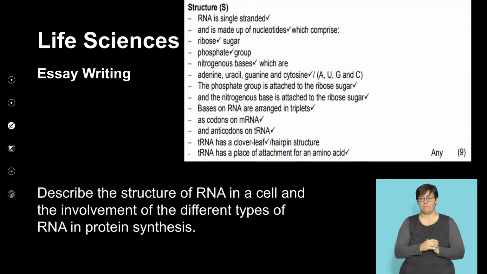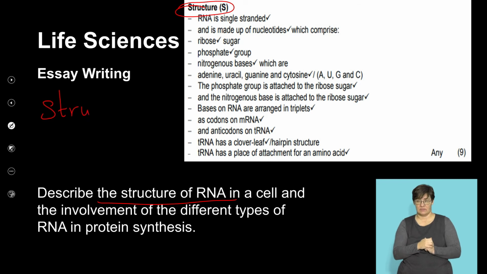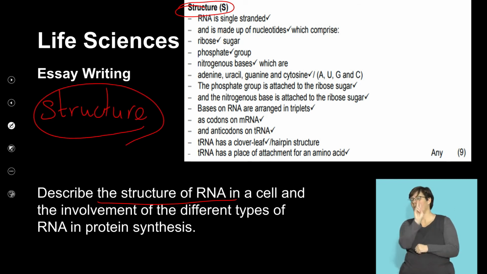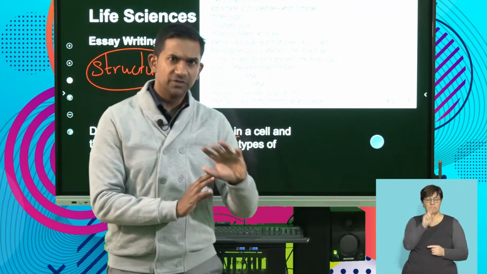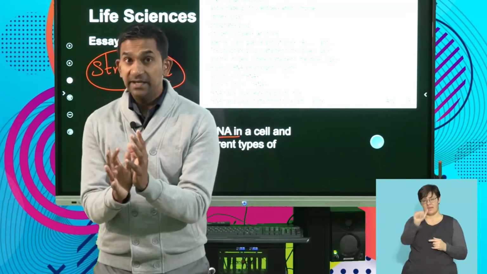So again, as I mentioned, in the first aspect, we've got to be able to very quickly refer to the first aspect. So if I go to the concept here, the structure of RNA, guys. Important for us to recollect our knowledge on the structure of RNA. Remember that we've got essentially DNA, which we've looked at its structure and the types. Now we're looking at RNA and its structure.